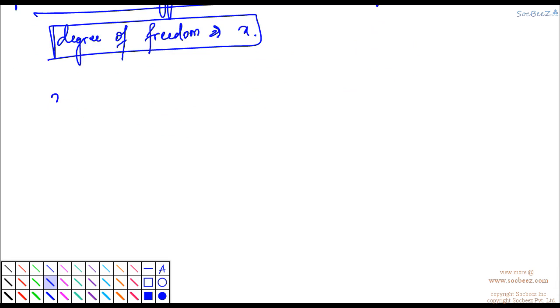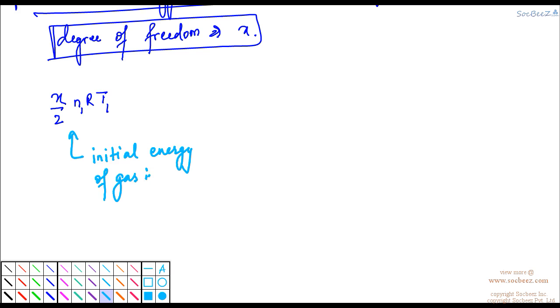So we can say that X by 2 into N1 RT1 would be the initial energy of gas in A, because N1 is the moles of gas present, and RT1 by 2 would be the energy stored in the molecules of that gas, and X is the degree of freedom, so it is multiplied with X.